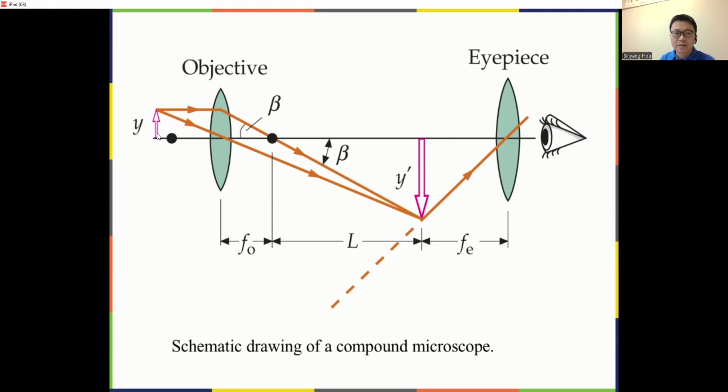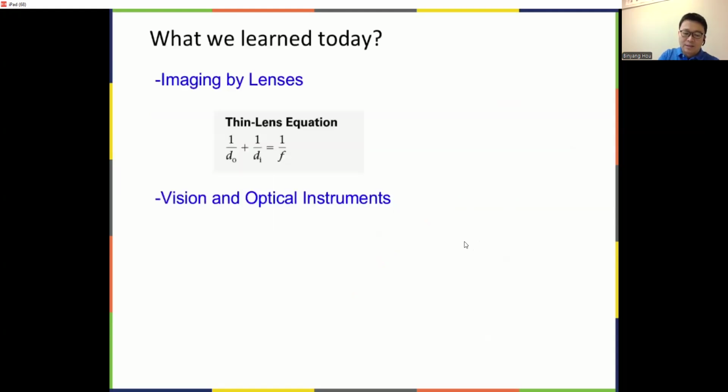Typically you place the object further from the lens than the focal length. And then you get an enlarged image over there, and using the eyepiece, you can enlarge that image again to be viewed.